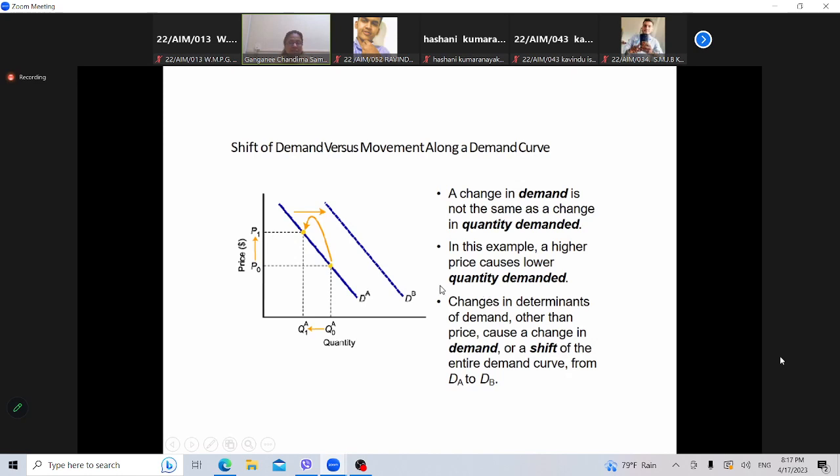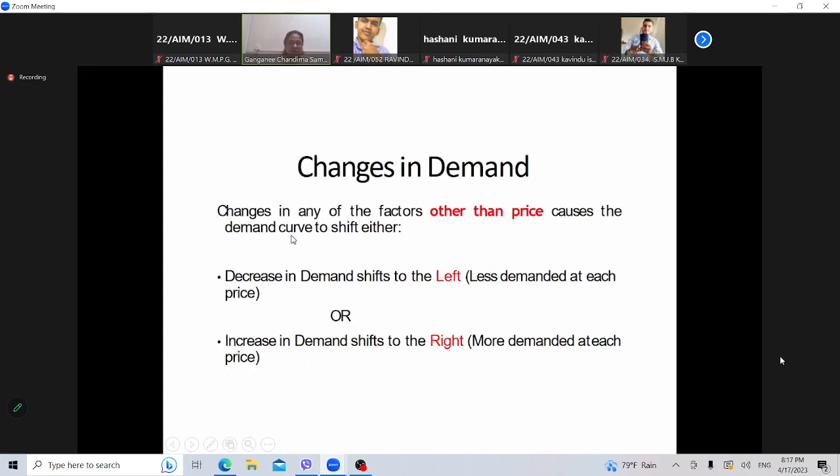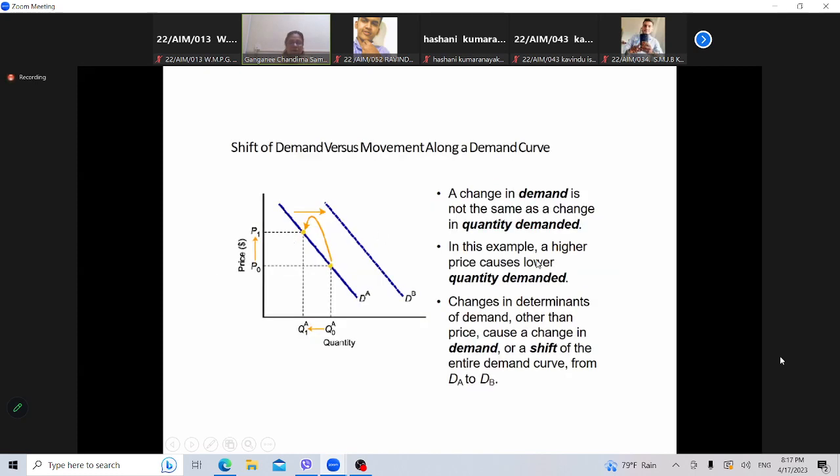In this example, you can see higher price causes lower quantity demanded, because this line goes sloping down. So changes in determinants of demand other than price cause a change in demand, or shift of entire demand curve from DA to DB.